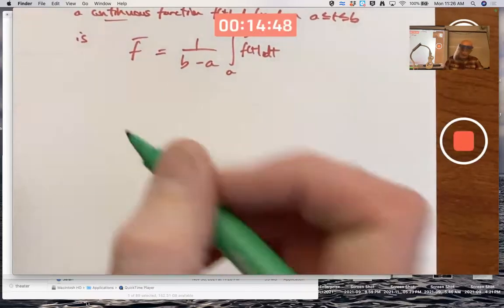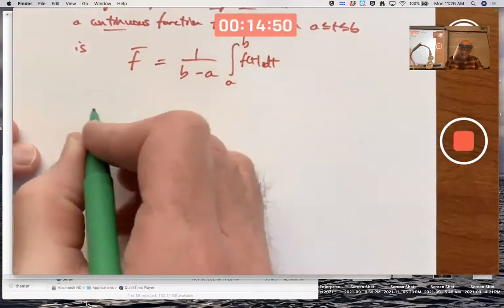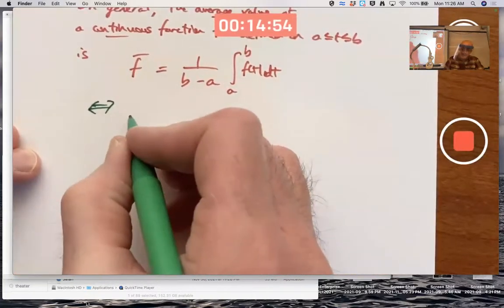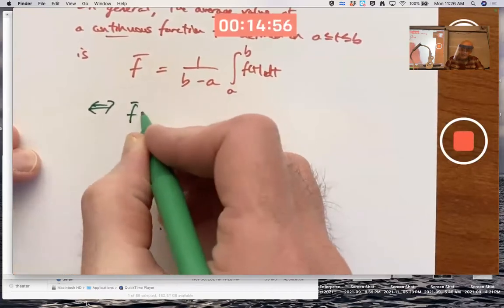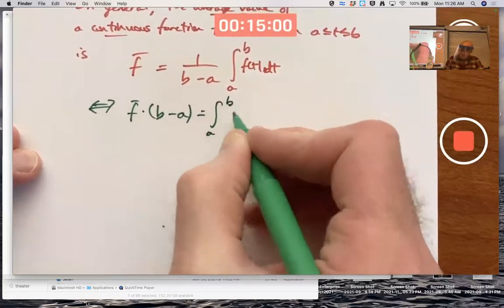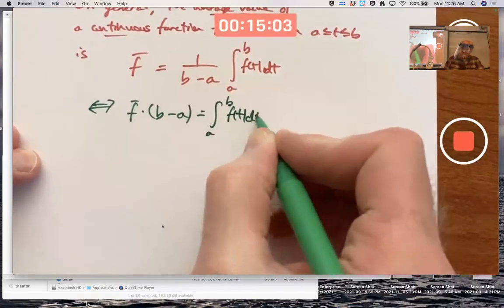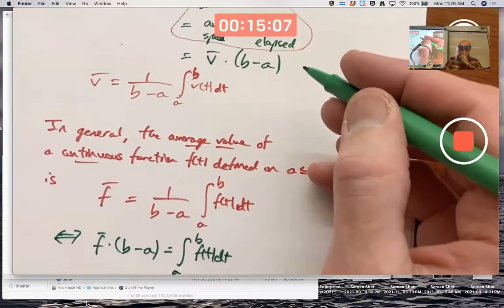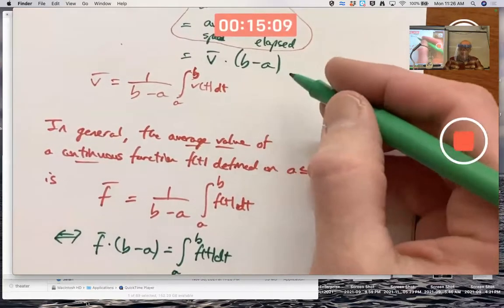It's based on the fact that this equation, which is a definition, is equivalent to, well, multiply both sides by b minus a. The equation f bar times b minus a equals the integral, which was the exact same thing I was talking about up here with the speed. And I had v bar times b minus a.